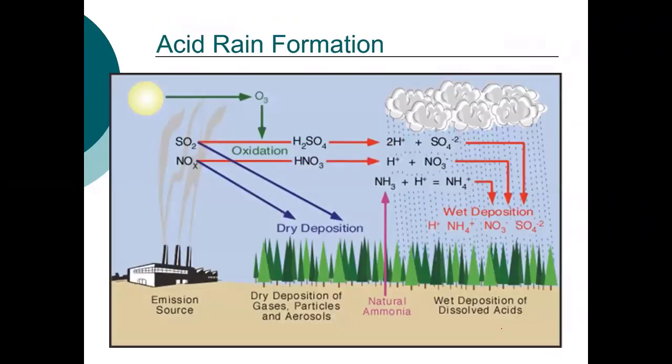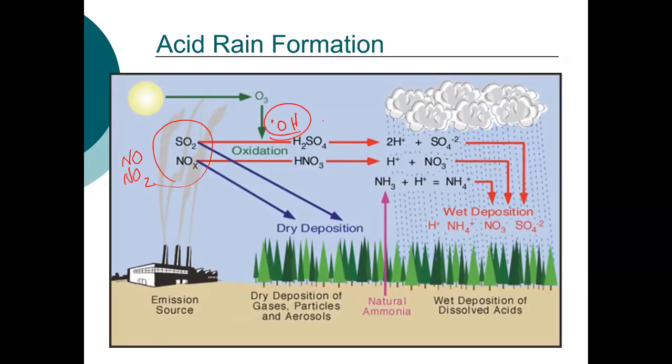Now, what happened was, because of the sulfur in the coal, there were significant emissions of SO2 and also emissions of NO and NO2 from the power plants. Those react in the atmosphere.